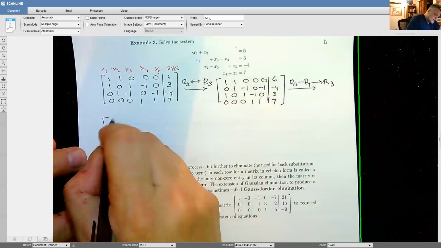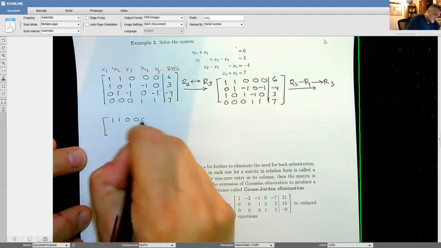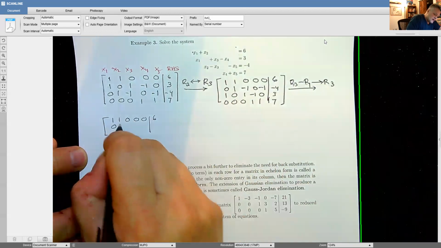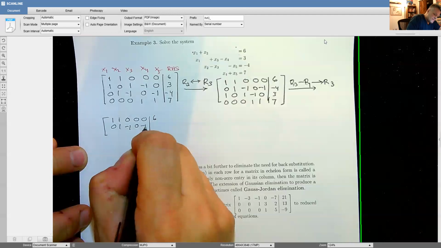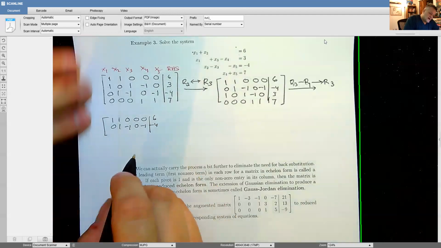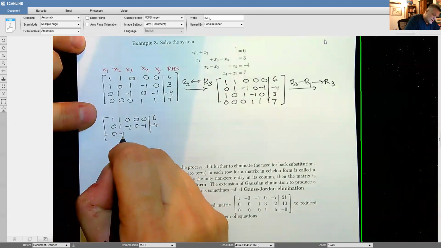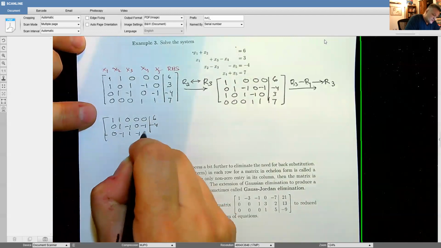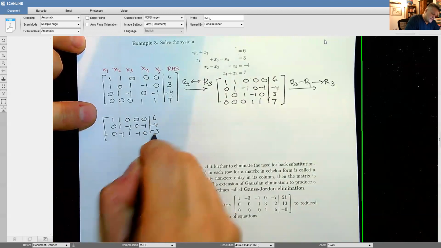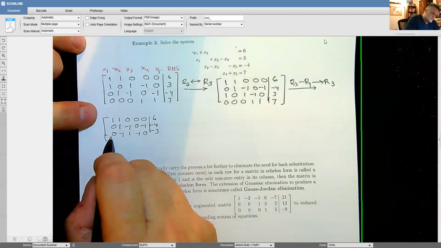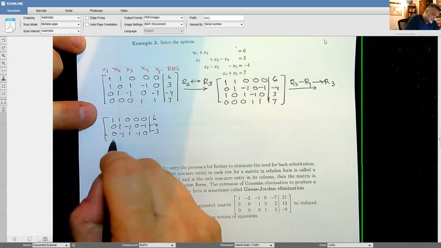What does that do? Well, you keep the first 2 rows as they are. Now, if I subtract R1 from R3, I get 0, negative 1, 1, negative 1, 0, negative 3. Right, so just subtracting R1 from R3 and keep that last row.